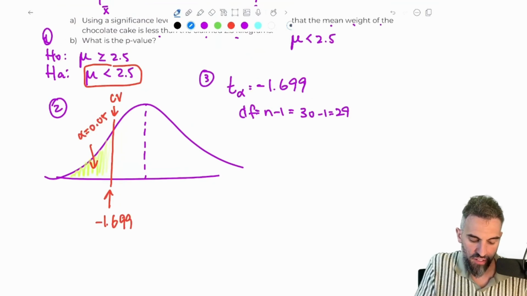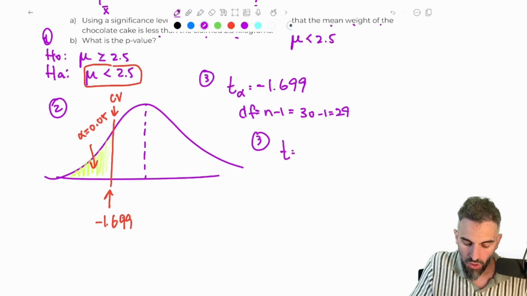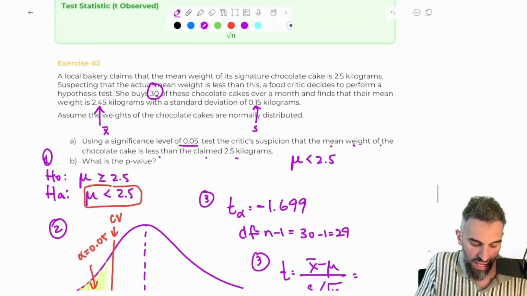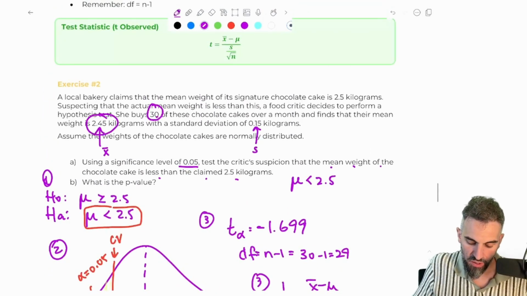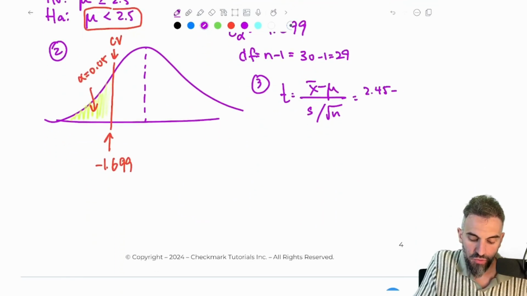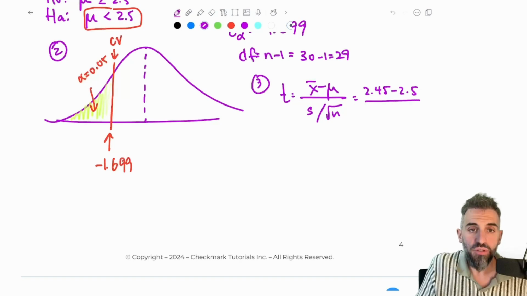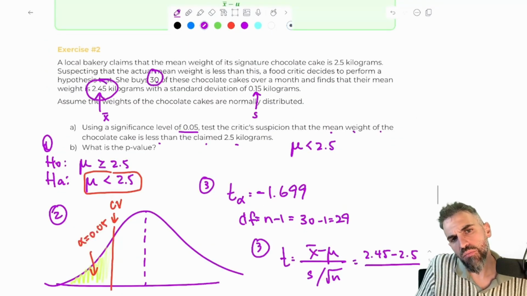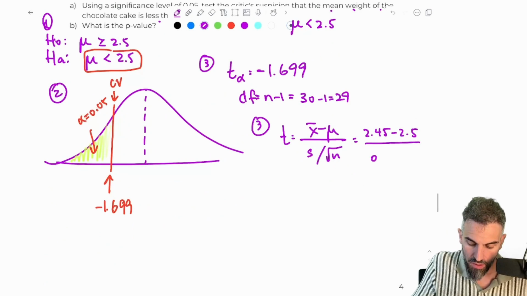Okay, now we check our evidence. Now we check our test statistic. So we're going to do the t observed, which is x bar minus mu divided by the standard deviation over root n. So we found an average of 2.45 in the mean, in the sample. So 2.45. The hypothesis was 2.5. Standard deviation was 0.15. And the sample size was 30.